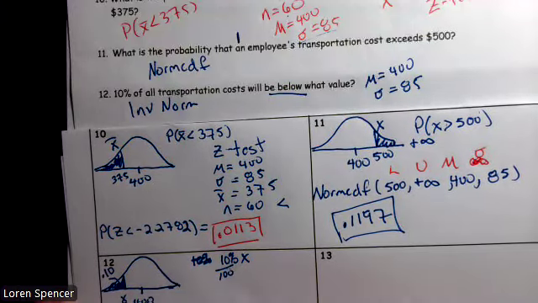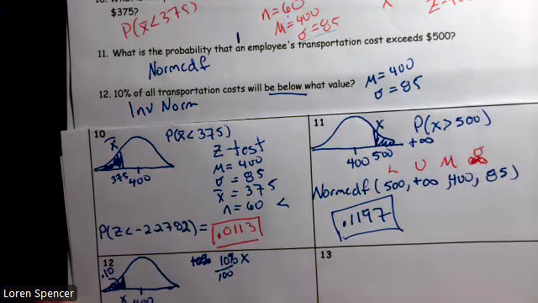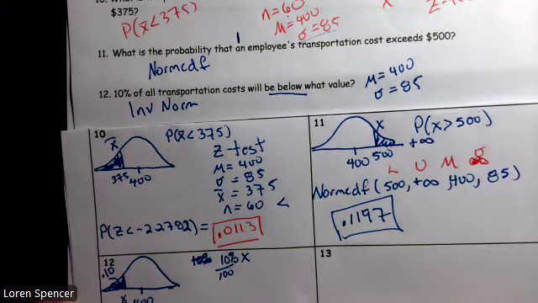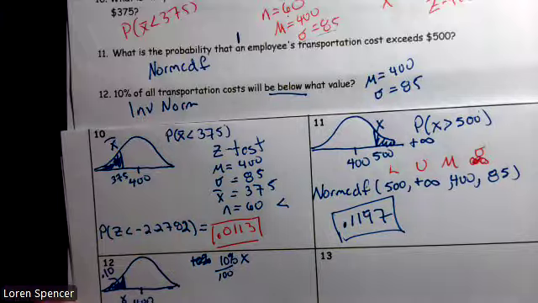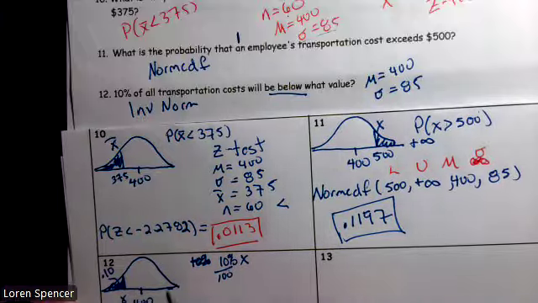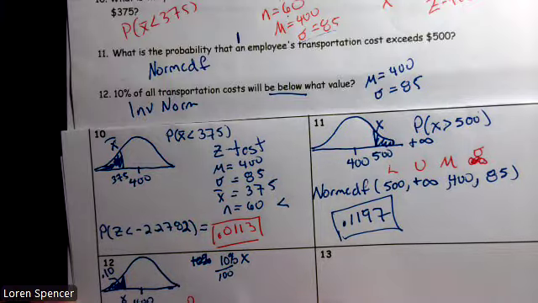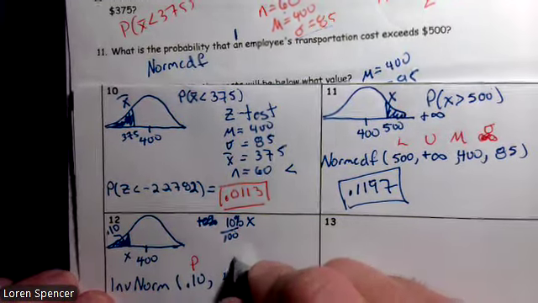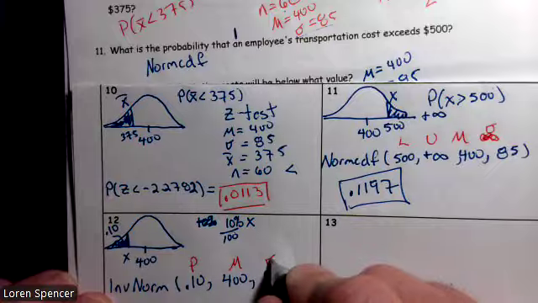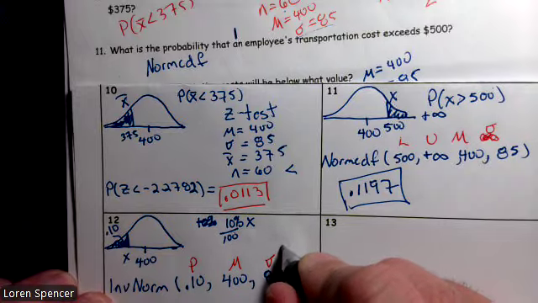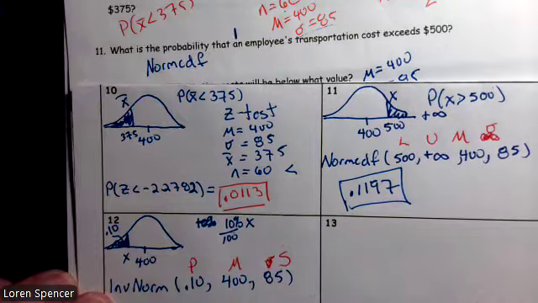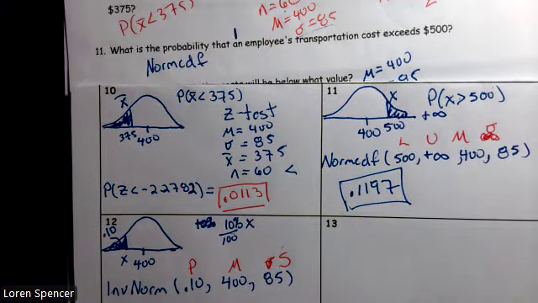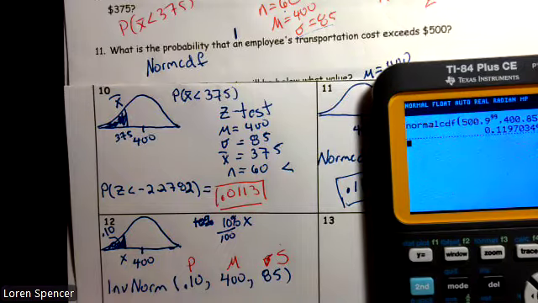Our mean, 400. Our standard deviation was 85. And once again, this is our PMS: probability or percent, our mean, and our standard deviation, or our S. So PMS.